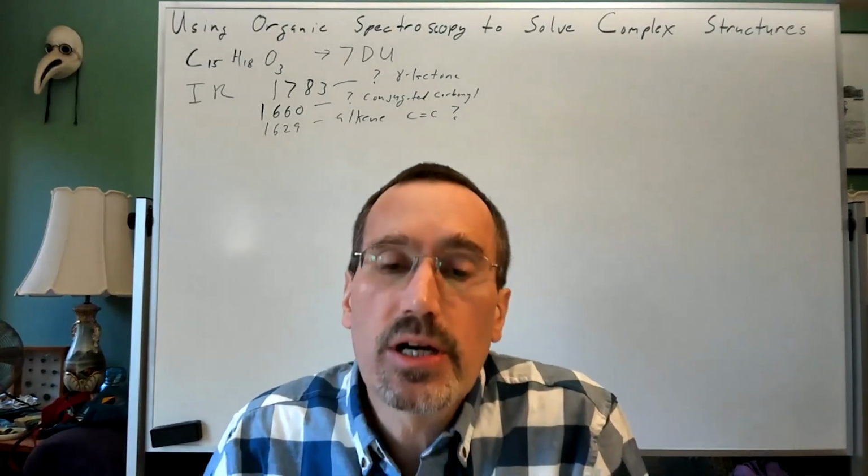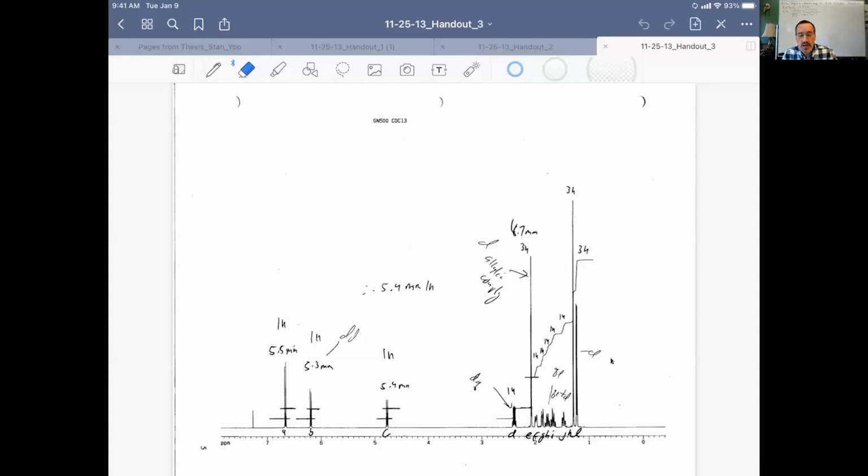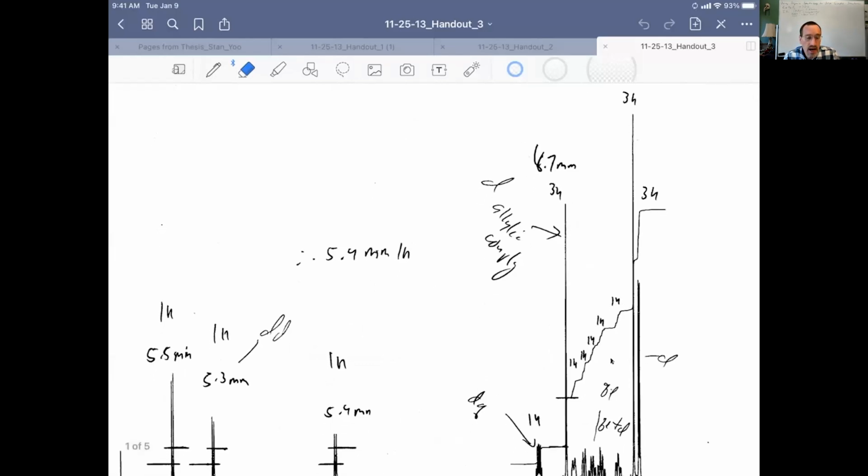So I'm going to share my screen and share my own personal analysis of this problem. So I went through the proton spectrum and I measured all of my integrals. At that time, I think I was using a ruler in millimeters. These days, I really like my grids, and I just measure grid with the grid to the nearest tenth.